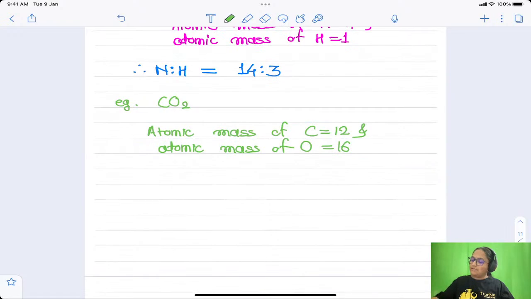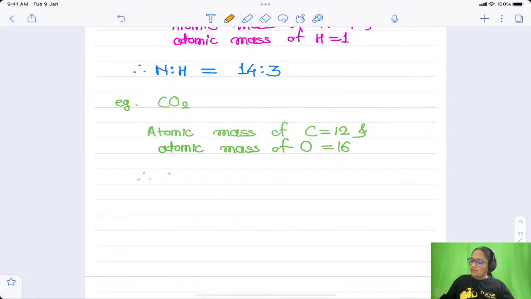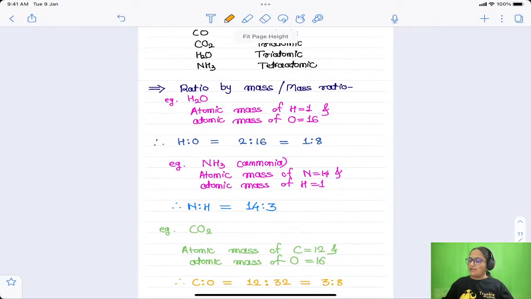Therefore the carbon to oxygen ratio will be equal to, only 1 carbon, so 12, 2 oxygen, so 16 into 2, 32, right? So this can be simplified as 3 to 8. If we divide both sides by 4, we will get 3 to 8. So 3 to 8 is the ratio by mass, or mass ratio, for carbon dioxide.